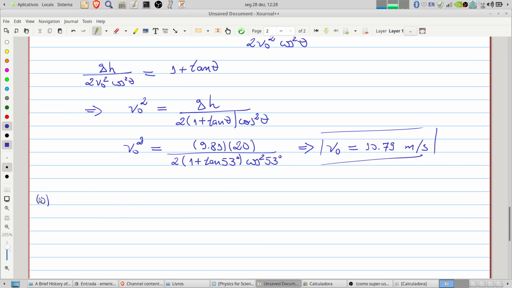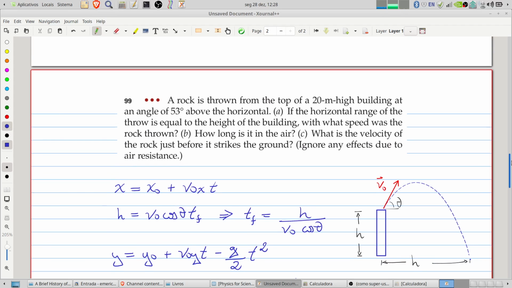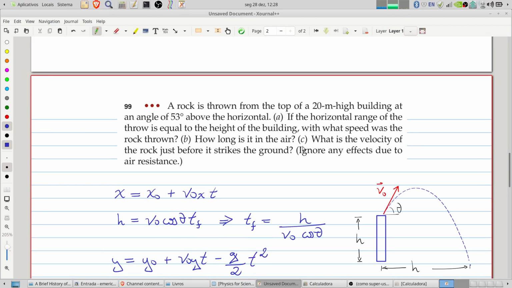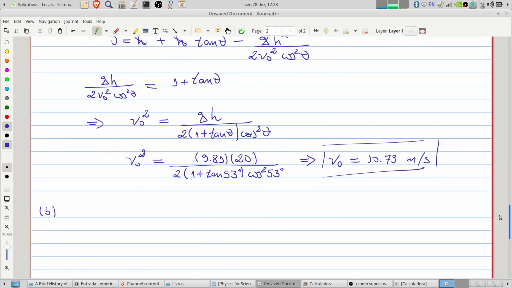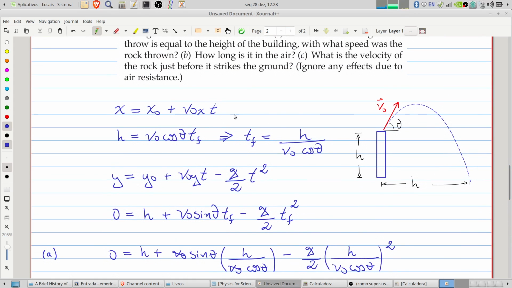Item B. How long is it in the air? What we want in this item B is the total time. Therefore, we can copy this.